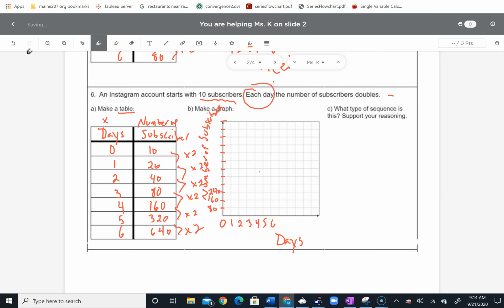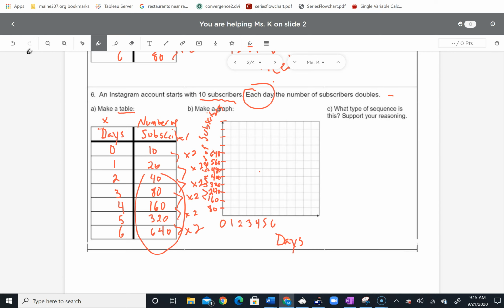Here's a 240. 80 times 4 would be 320. This would be 400. So there's more than one correct way to do this, but you must keep the same spacing. So again, this might be a little bit nicer. Just paying attention to these numbers can be very, very helpful.